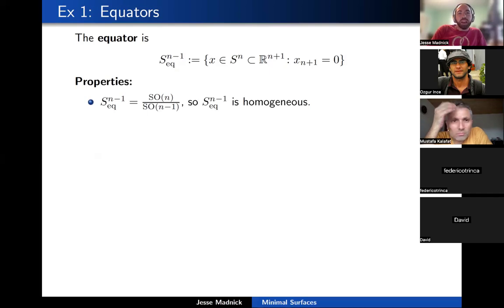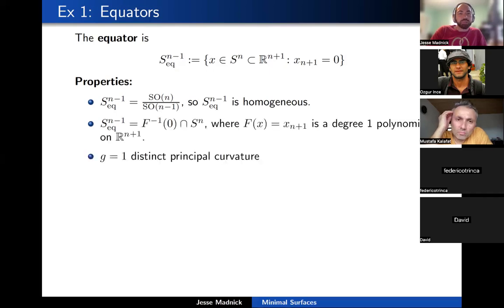Let's observe that the equator is a homogeneous hypersurface. It's acted upon transitively by SO(n), and the stabilizer is SO(n-1). I want to point out something obvious, but we're going to return to this idea frequently: this equator is given by the intersection of the sphere with the level set of a polynomial.